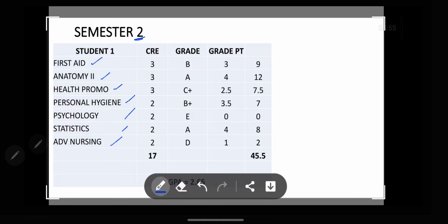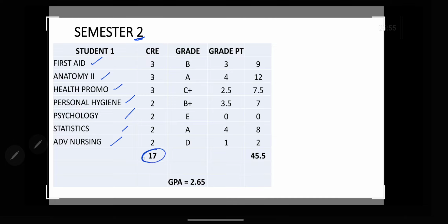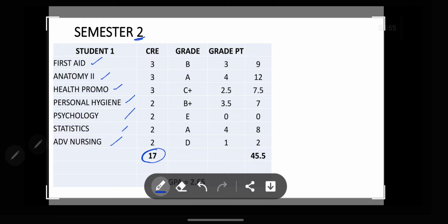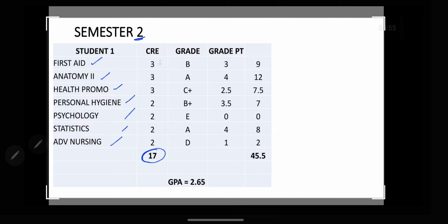The total credit for the second semester is 17. Remember, the total credit for the first semester, because we added sign language, was 18. In the second semester, let's assume this is the performance of the same student. These are the credit hours for the courses. You know what that means.